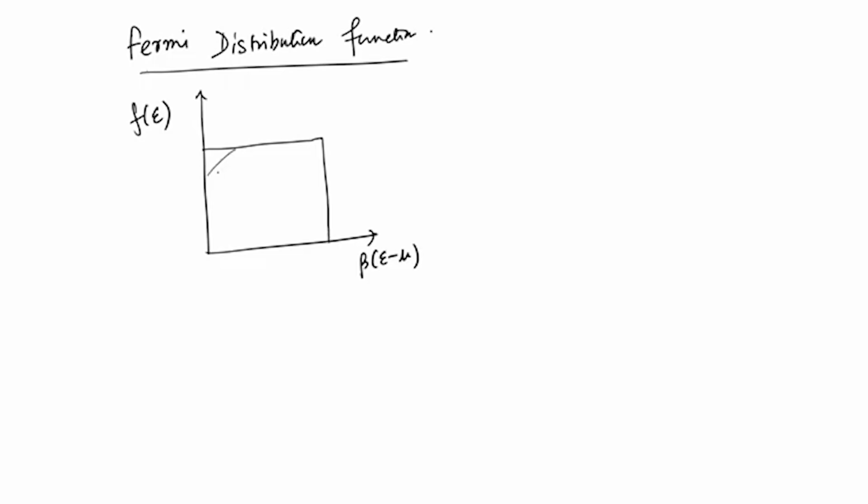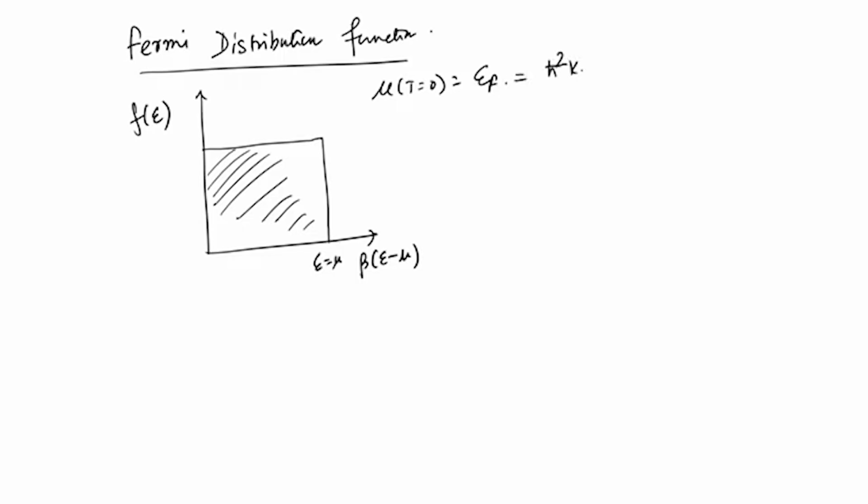All the states inside this box, or the step function that you see, are filled, and all the states that are larger than epsilon equal to mu are empty. So this actually corresponds to epsilon equal to mu, and this mu at T equal to 0 is called the Fermi energy, and we denote it by epsilon_F.